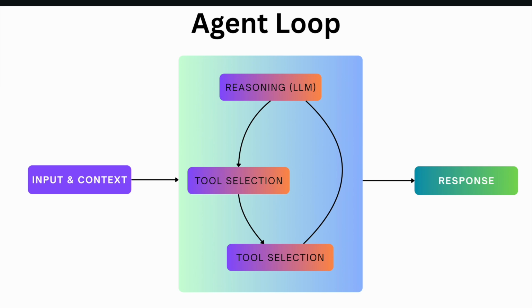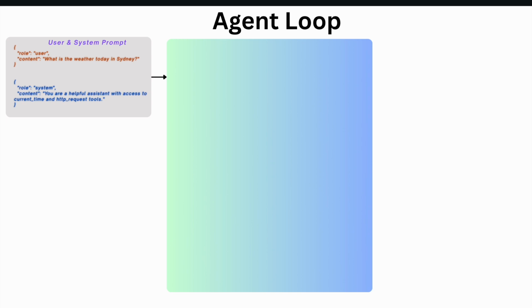So we will take an example and see how the agent thinks and responds, calls the tools, and gives us the final output. We'll take a simple example. The task for the agent is we're going to ask what is the weather today in Sydney, and you can see on the left hand side the user and system prompt.